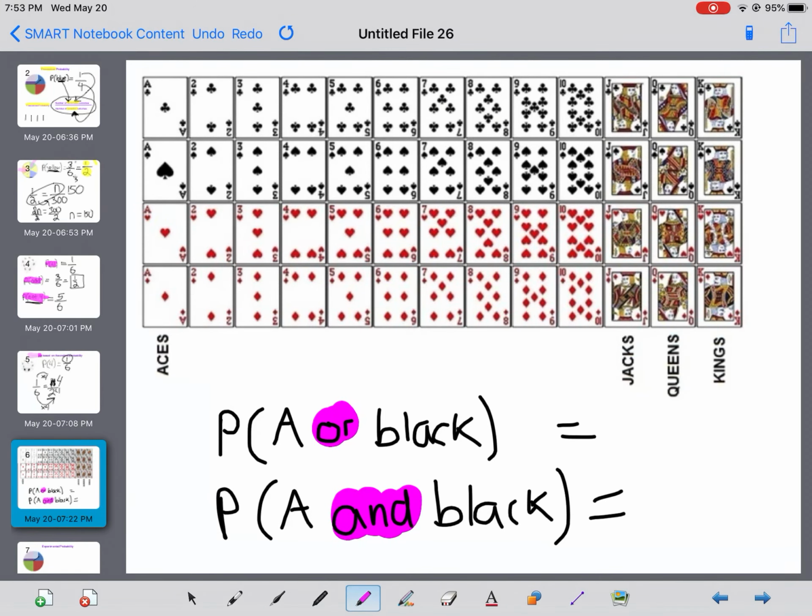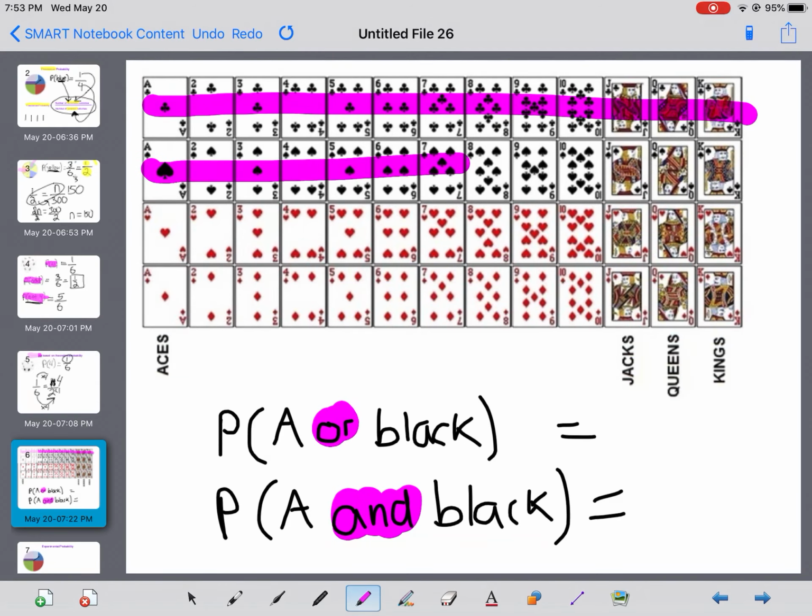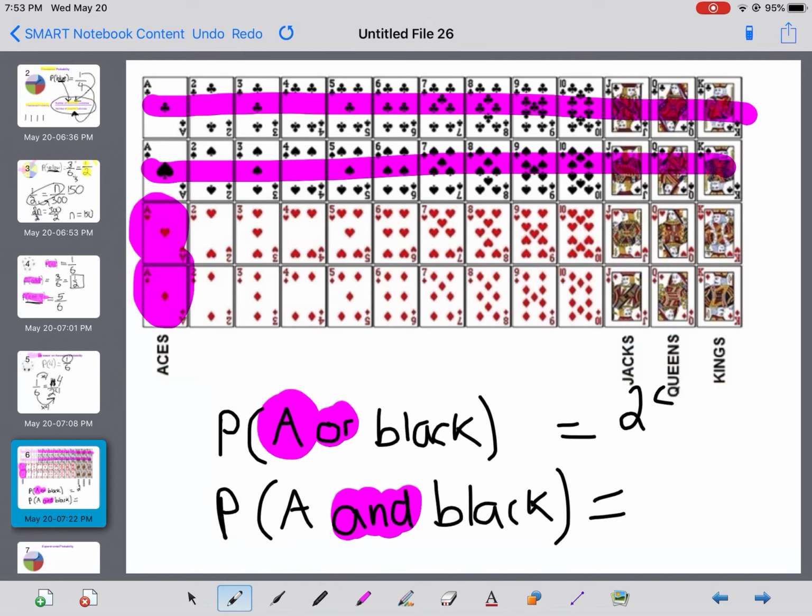Well, what I can do is go to my deck of cards, which is nicely laid out. These are all black. There should be 13 in a row. Here's another 13. But I could also just have aces. So even though these ones are red, they fall under the fact that they are aces. So I have 13 plus 13 is 26, and those 2 extra ones, so I actually get 28 out of 52.